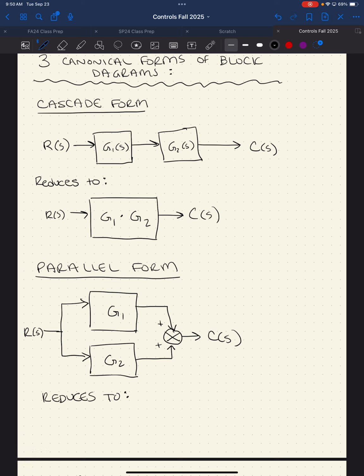Would it be like, you wouldn't treat it like a circuit, right, where you would add them in a different way?